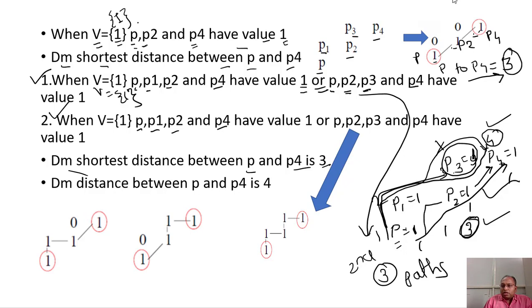So this statement is related to this condition. In that case the distance between P and P4 has the shortest path as 3.